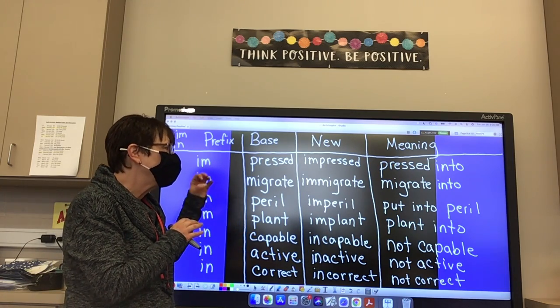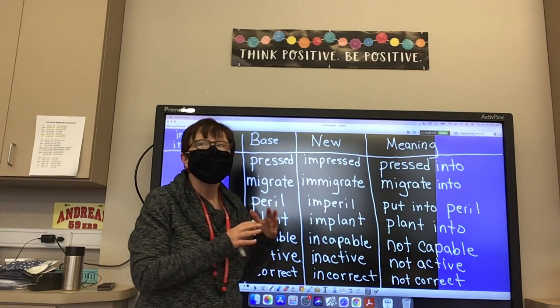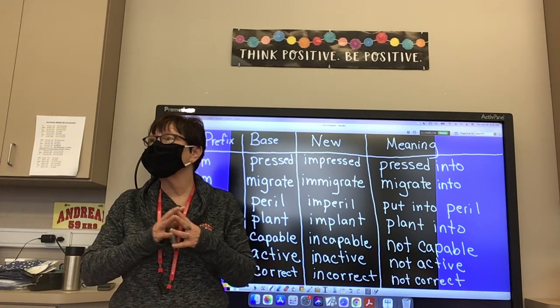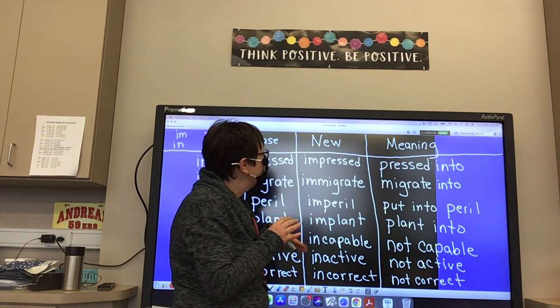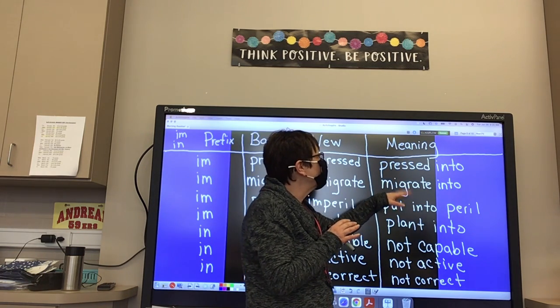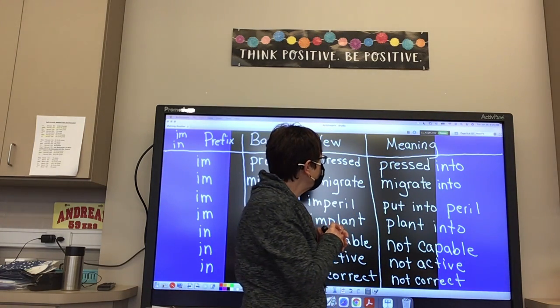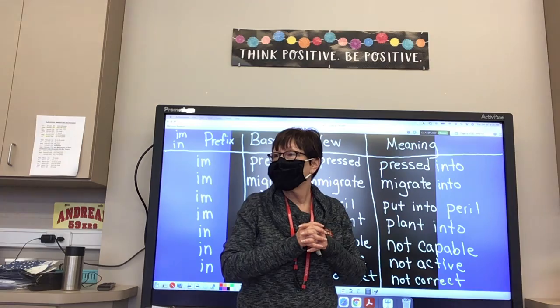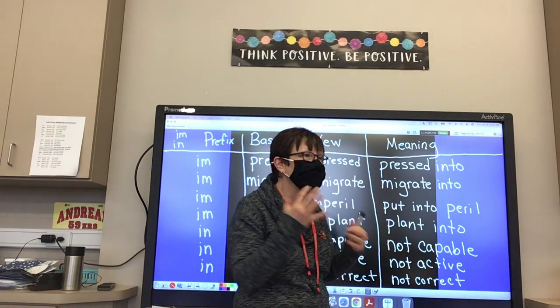Inactive, not active. Incorrect, not correct. So when you're trying to come up with your meanings, you want to make sure that your meaning makes sense, because it does not make sense to say into pressed. Does that make sense? Does it make sense to say into migrate? But does it make sense to say migrate into? Yeah, that makes more sense.